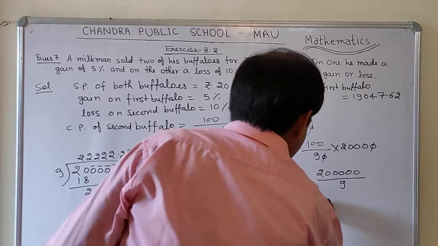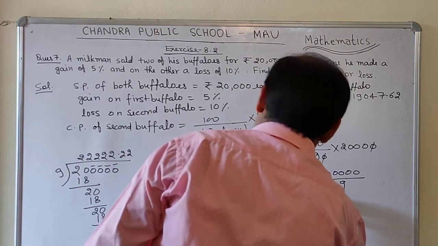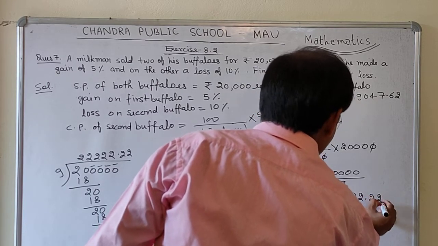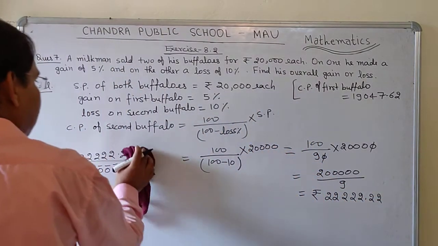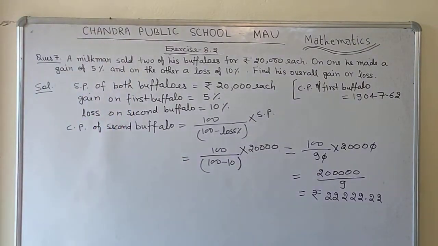So it is equal to rupees 22,222.22. So that is the cost price for the second buffalo. Kindly note down up to here.